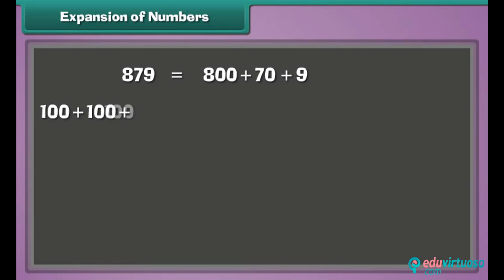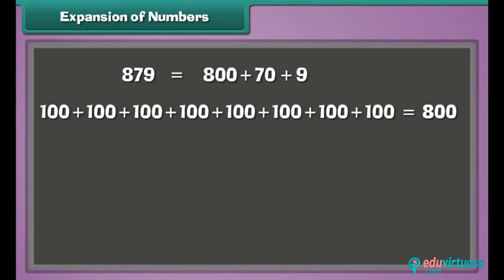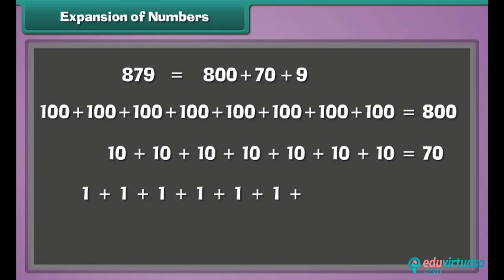Expansion of numbers. Let us break three-digit numbers into hundreds, tens, and ones. 879 can be written as 800 plus 70 plus 9. It means there are 8 hundreds, 7 tens, and 9 ones in 879.